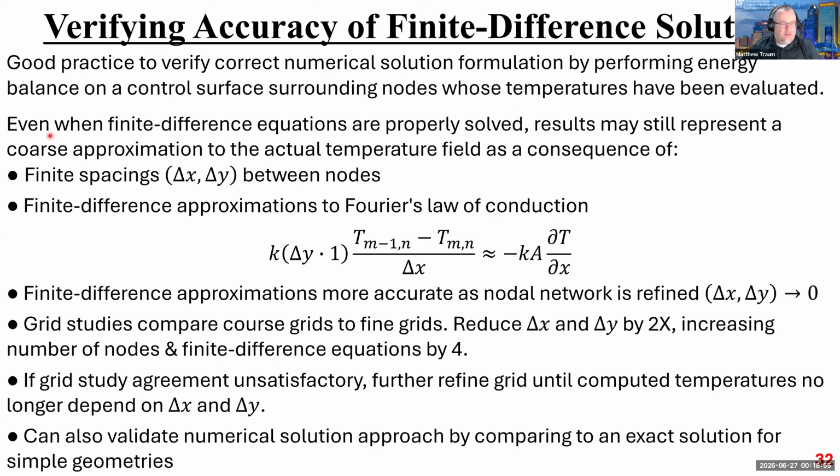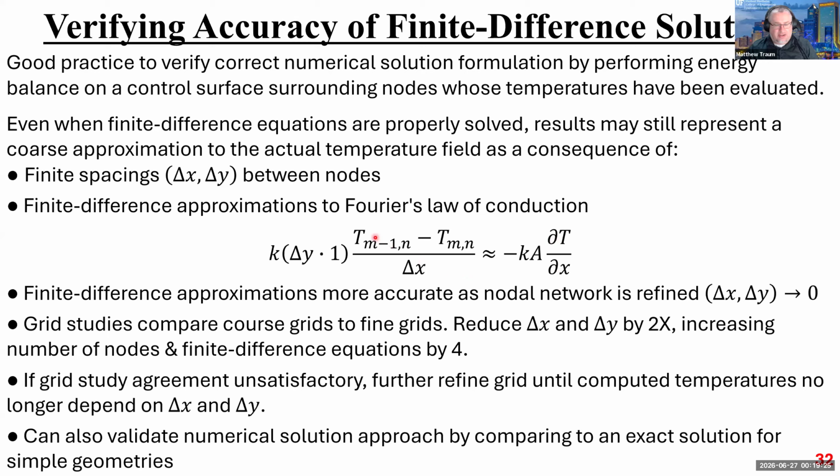I also say here, even when finite difference equations are properly solved, results may still represent a coarse approximation to the actual temperature field as a consequence of the spacing being too big between the nodes, so delta x, delta y being too large, and the fact that we're basically taking linearized finite difference approximations to Fourier's law of conduction, which has in it a pure derivative, right?